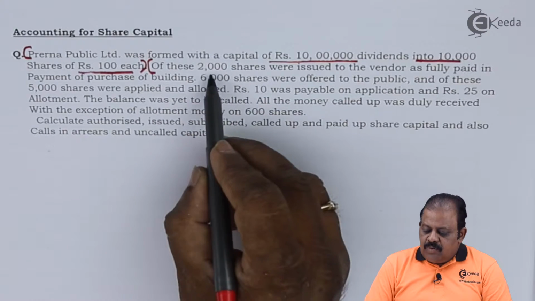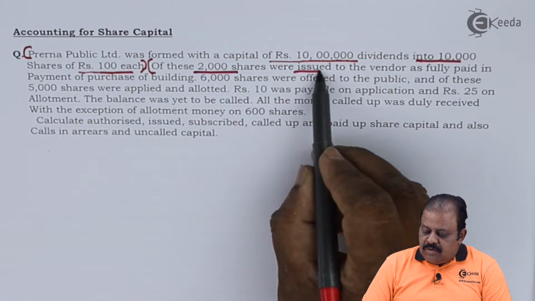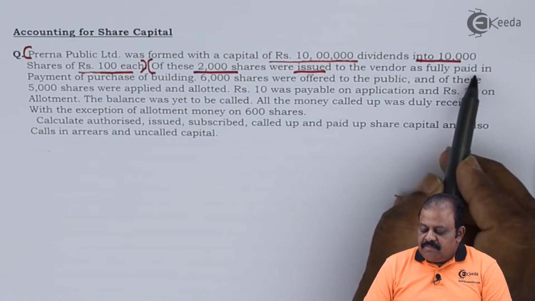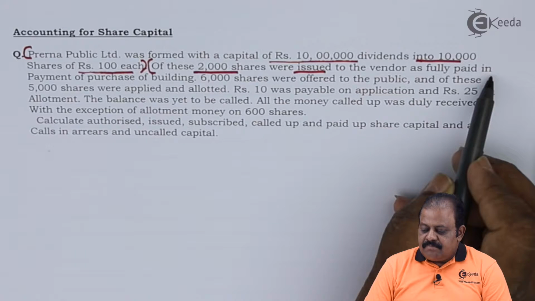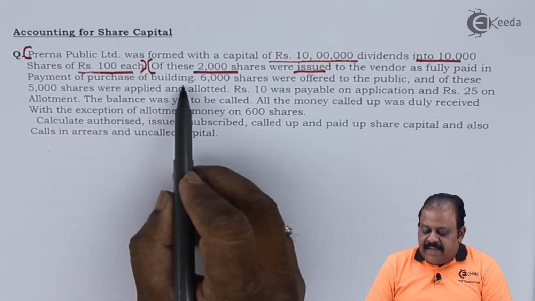Of these, 2,000 shares were issued to vendors as fully paid in payment of purchase of building.